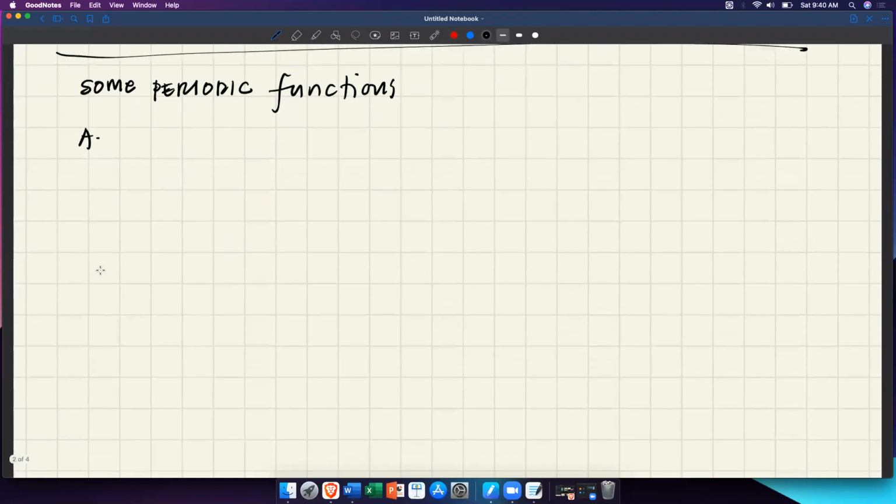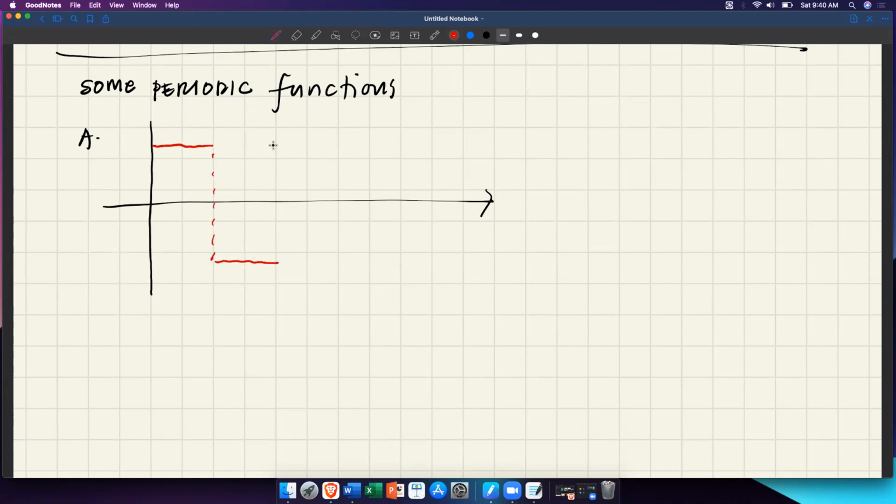Let's start with the very common periodic function. We will call this function a square wave. So this is a square wave function. This is also a periodic function.